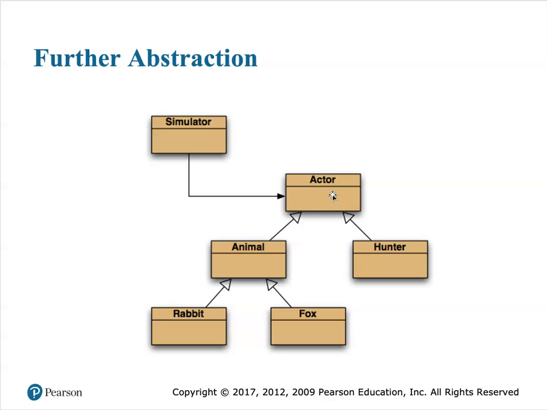Now, you could say it's rather speciesist to have the hunter, which is a human, which is an animal, broken out outside of this. But the purpose here might be, we could specify that an animal hunts only until its hunger is sated, whereas a human hunter will sometimes just kill for sport. So, in terms of this simulation, I can see where they might break the hunter class out and make it a separate actor.